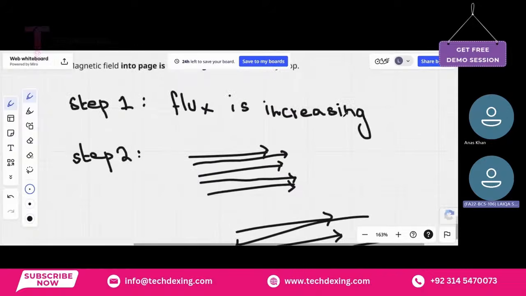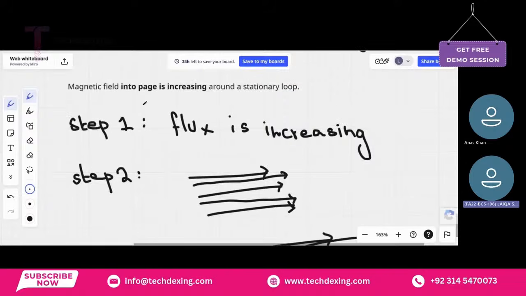When the flux is increasing, the induced magnetic field is opposite to the original magnetic field. Right now it is into the page, that's why the induced magnetic field would be out of the page. If the original magnetic field was out of the page, the induced field would be into the page.